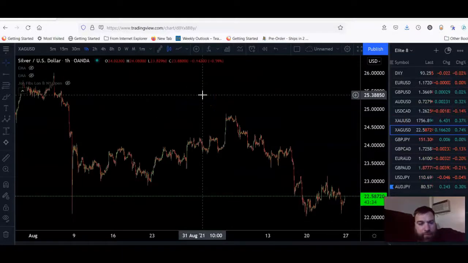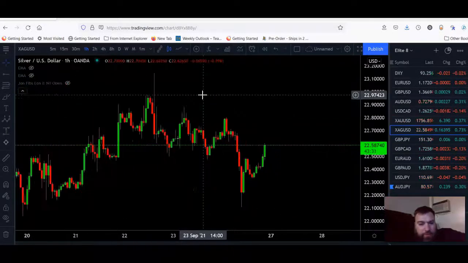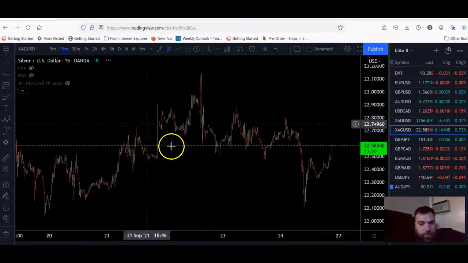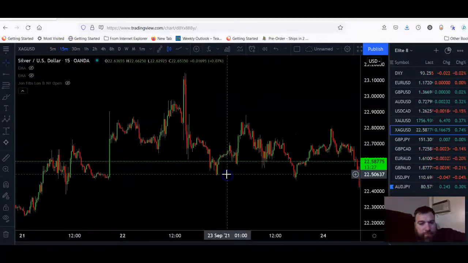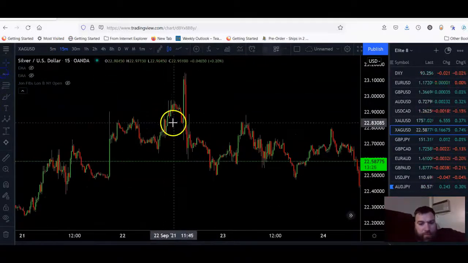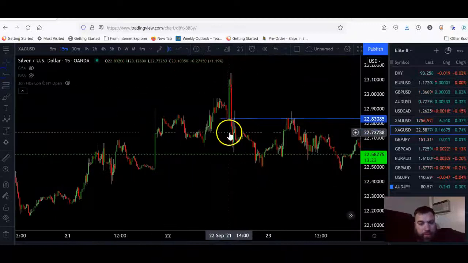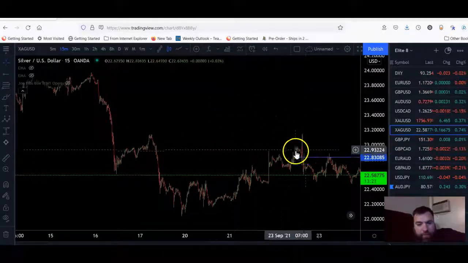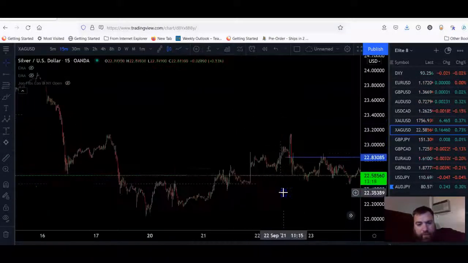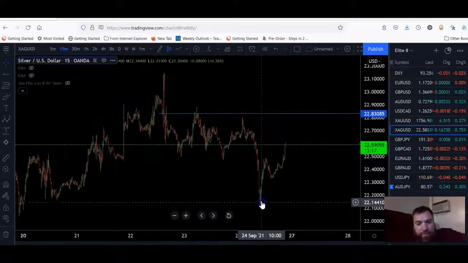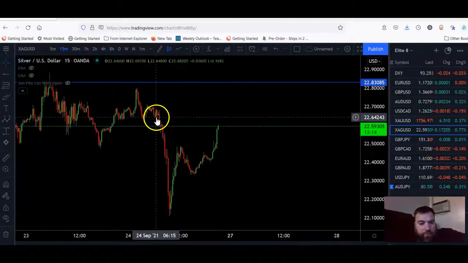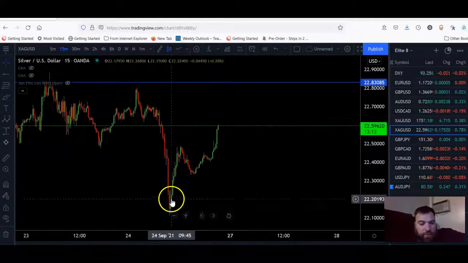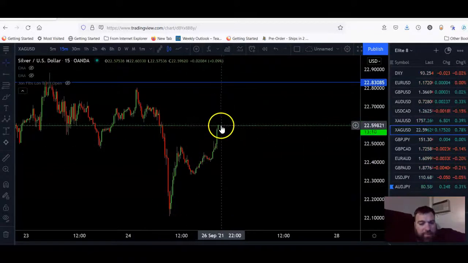Silver last week was the same thing. Okay. Got this push up that takes all this out. And then got this push down. But silver is climbing back pretty fast.